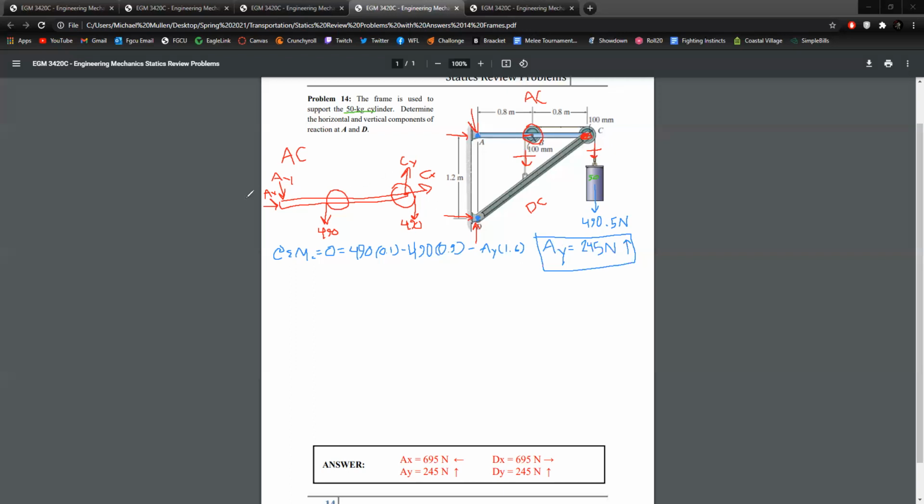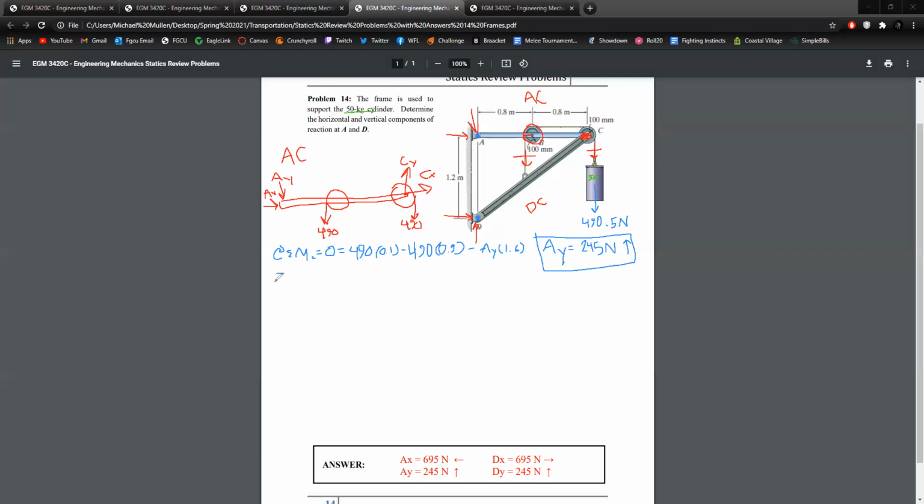Coming back to this, before we can move on to DC, we're going to need to figure out some information about C so that we can solve for our unknowns on DC. We're going to do our sum of the forces in the y direction because AY is known. We have our two 490s and CY is our only unknown.